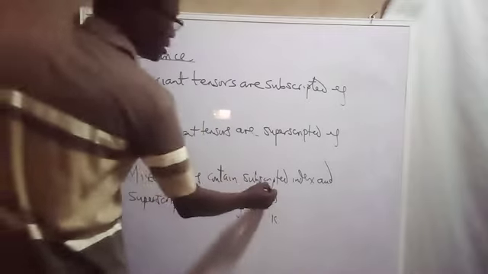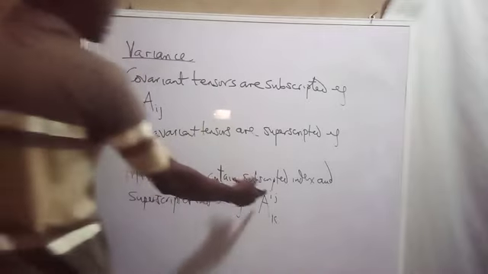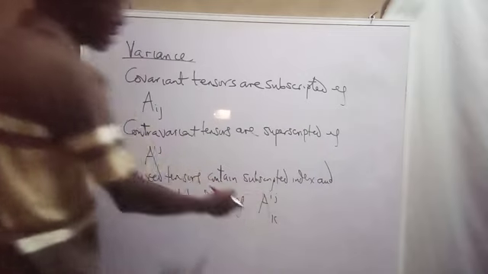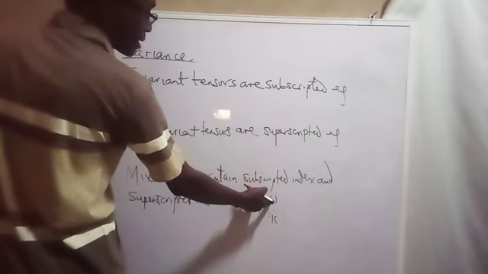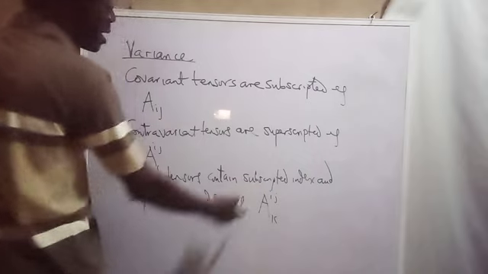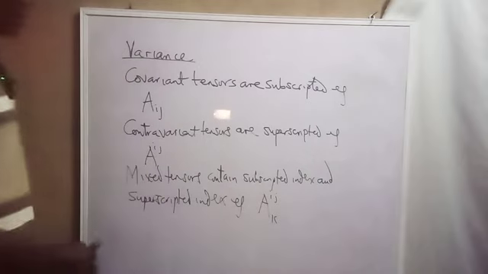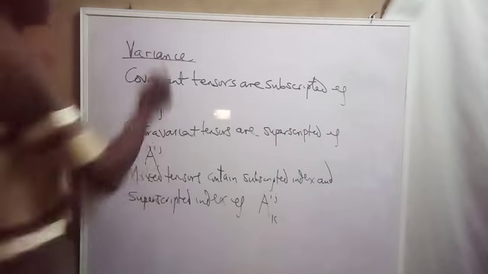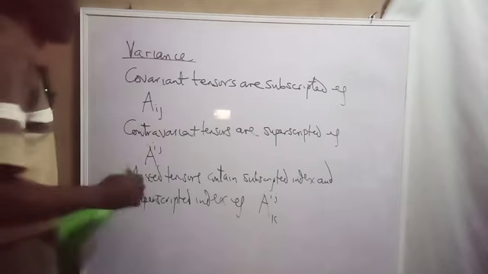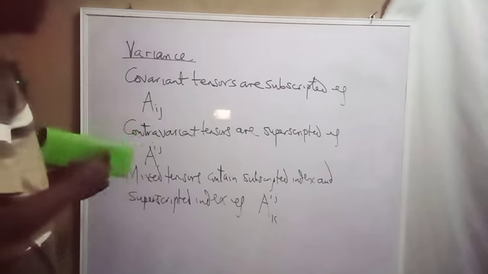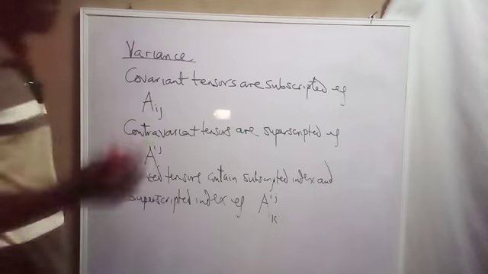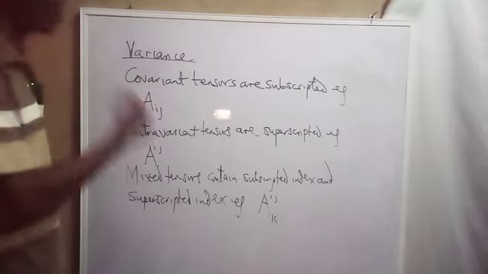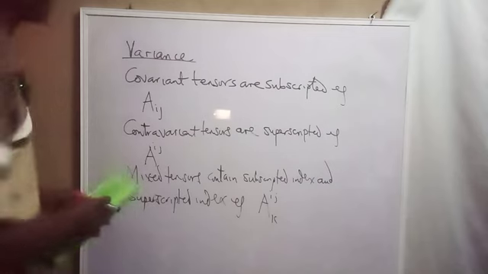You can see this one has the superscripted indices i and j, and subscripted k. So these are mixed tensors. So those are the two major categories that we can put tensors in: we can put them in terms of ranking, and we can also put them in terms of variance.